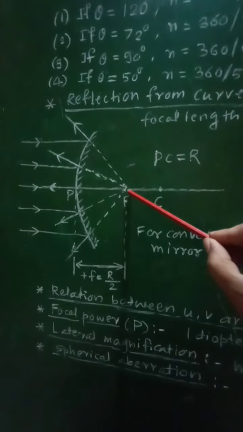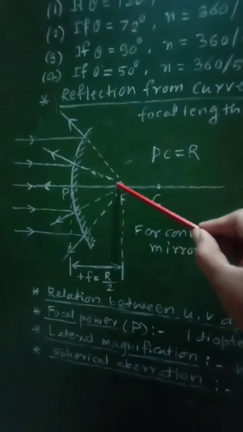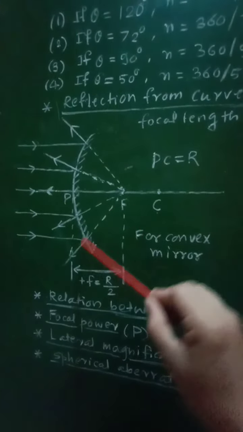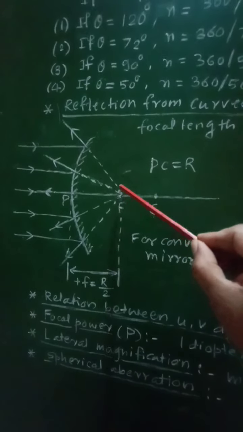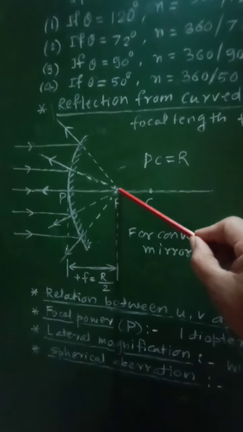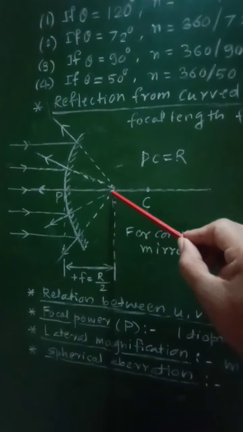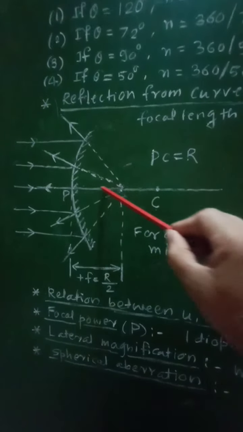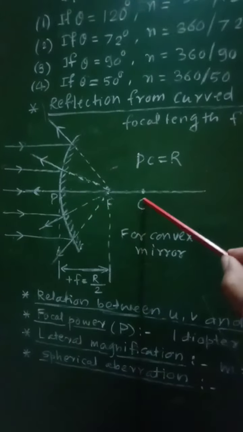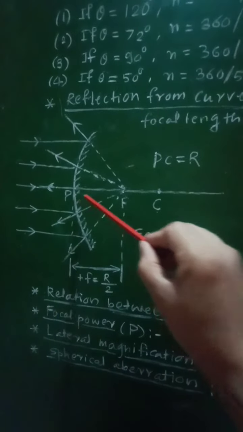These rays are considered to be meeting at point F, and therefore this point will be the principal focus. This PC distance is R, and PF will be equal to the focal length.